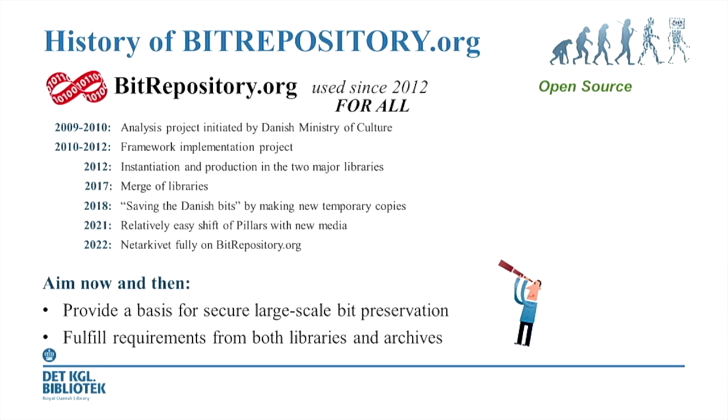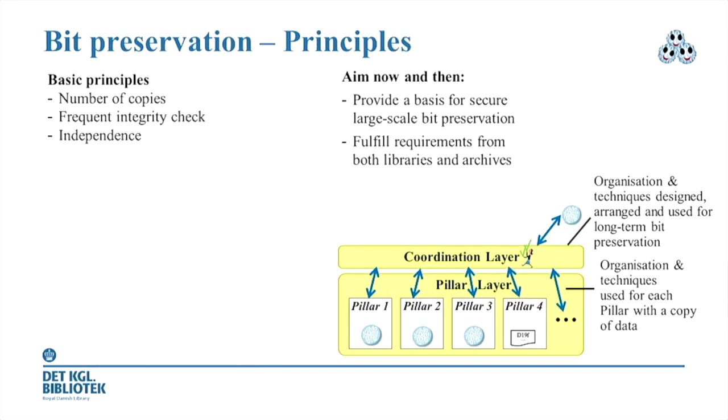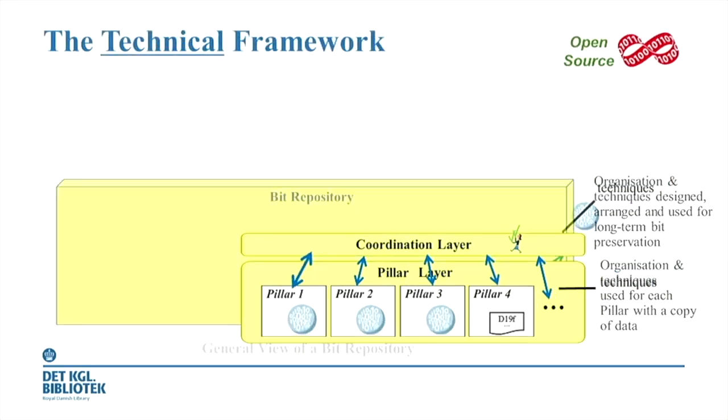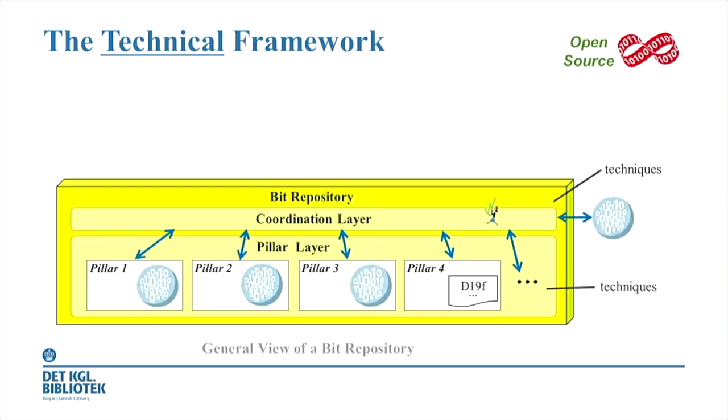Because for archives, there's also something about security. So, we now need to look at the independence, technically, organizationally, and geographically. So this bitrepository.org framework is a technical solution, and it can support an organizational implementation. But let's look at the technique.